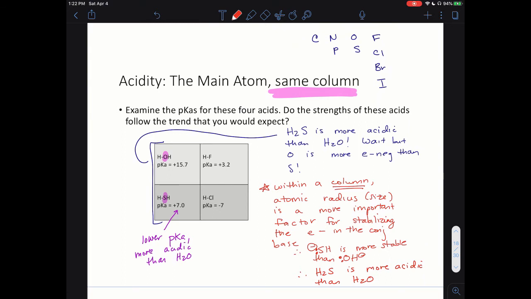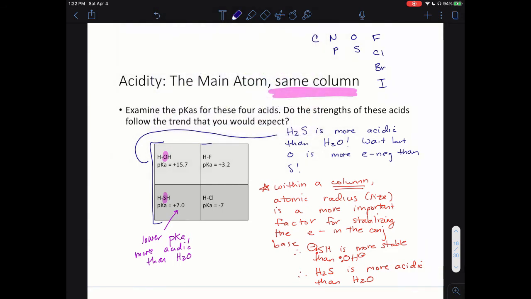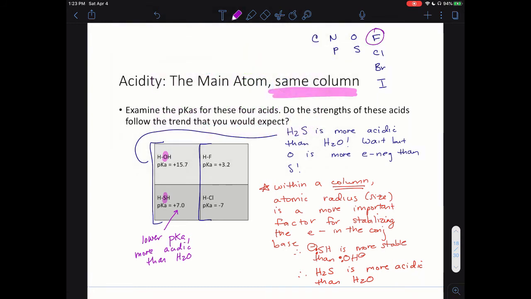Okay, so now let's just be sure that we observe the same trend for HF versus HCl, and we do. We have fluorine and chlorine in the same column.